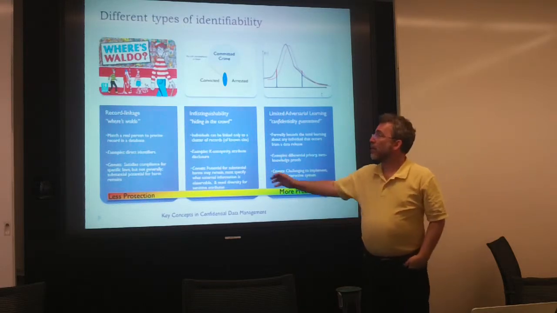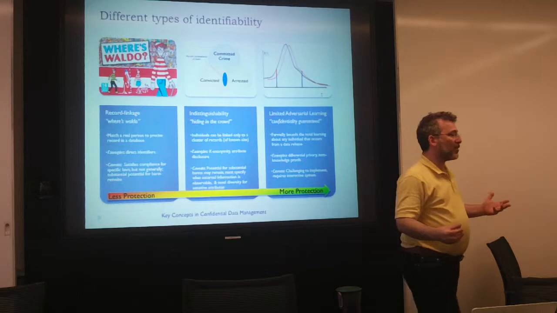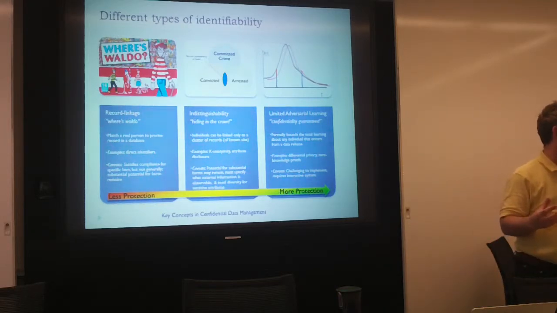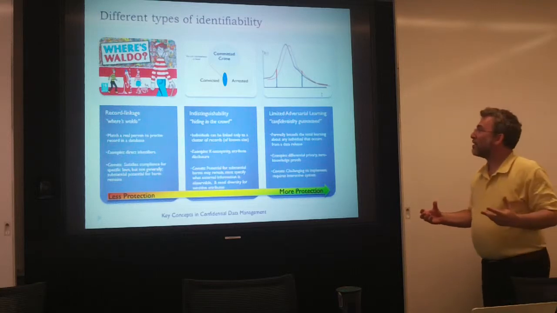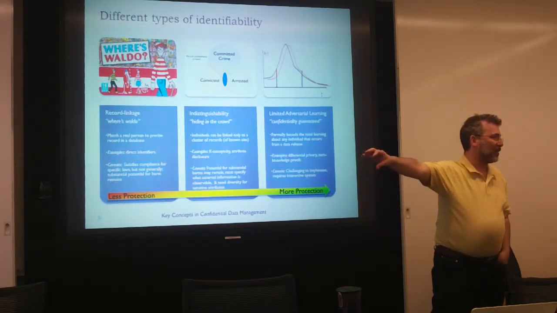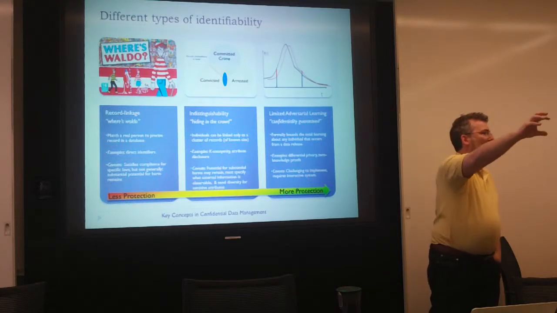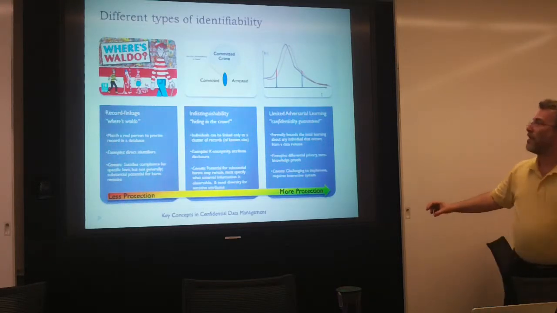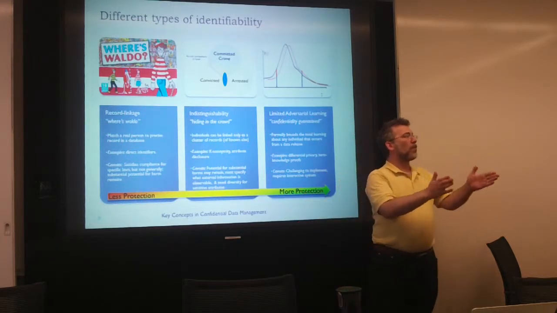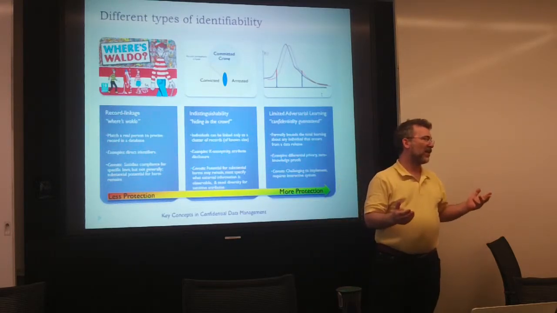Another is around indistinguishability, which is sort of hiding in a crowd of observations. The most well-known example of that is k-anonymity, where you're indistinguishable from other records based on predefined quasi-identifying characteristics.